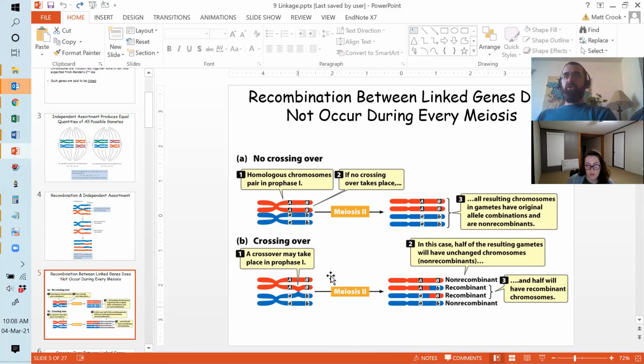So if recombination does occur, you'll get exactly what we talked about. You'll get a mix of parental, what you saw over here, and recombinant chromosomes. However, meiosis happens again, there's the probability that recombination will not occur between those two genes.